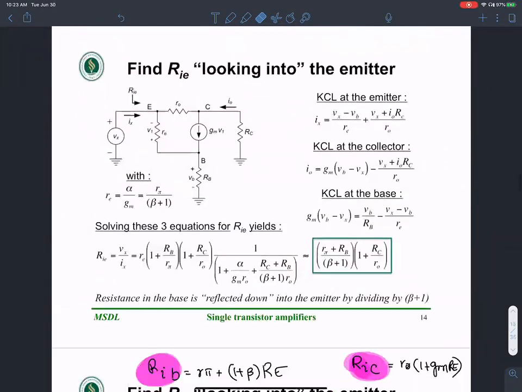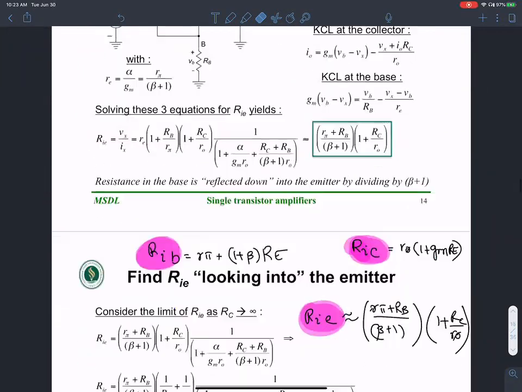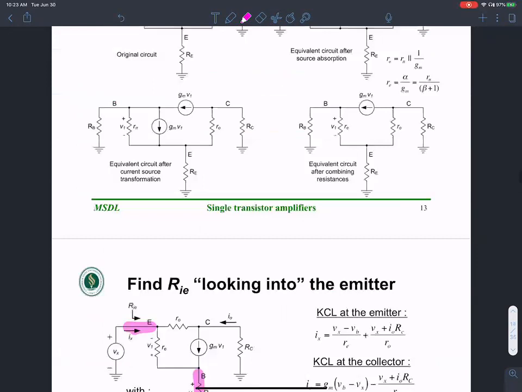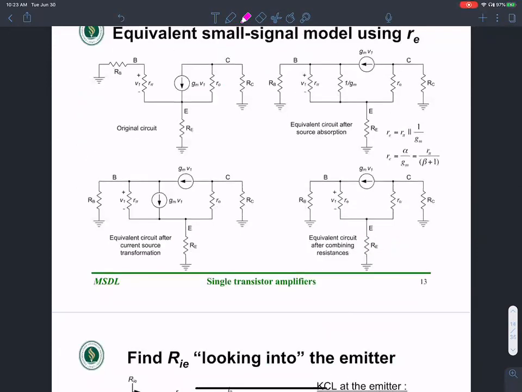What you'll see is simply that when you're looking into the emitter, what you will find is RB plus R pi.